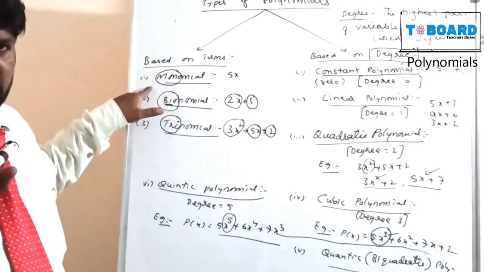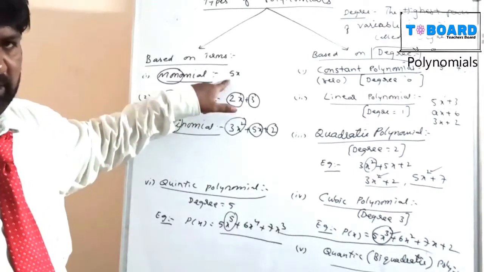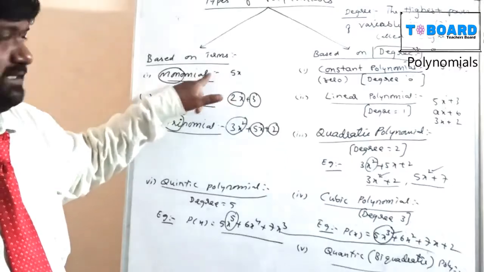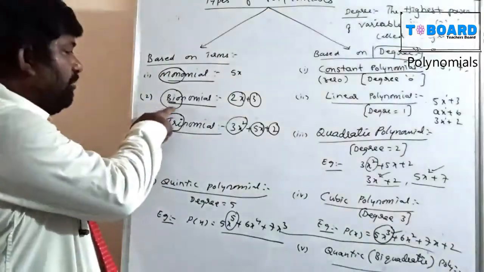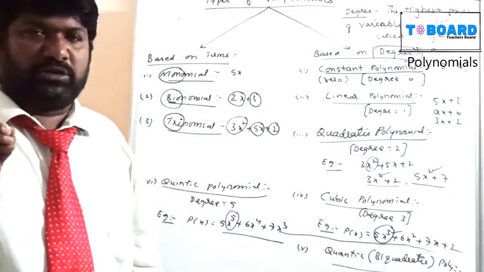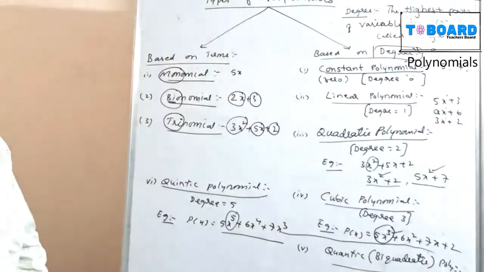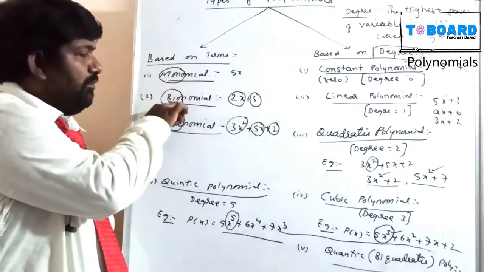Mono means one term. A polynomial with one term is called a monomial. Example: 5x, 7x. Binomial, bi meaning two: a polynomial with two terms is called a binomial.